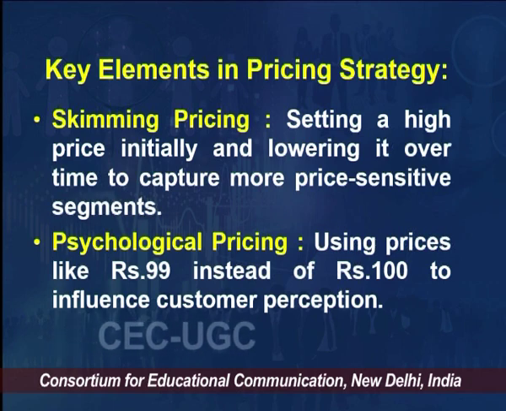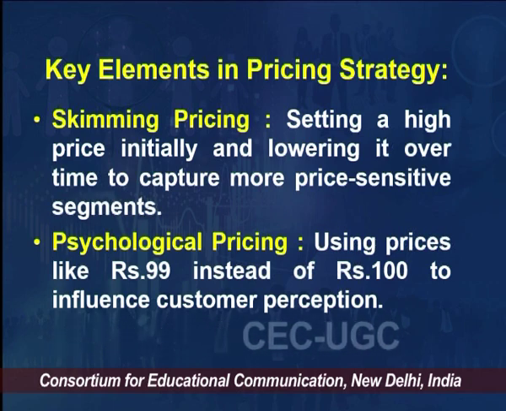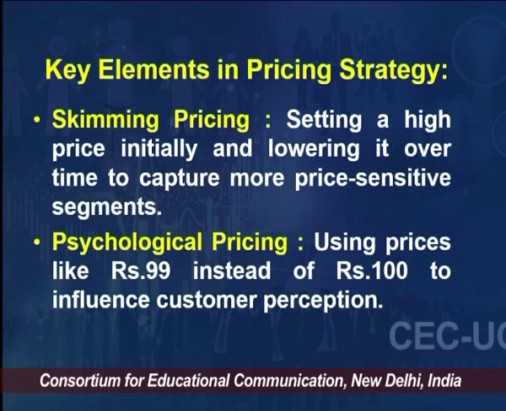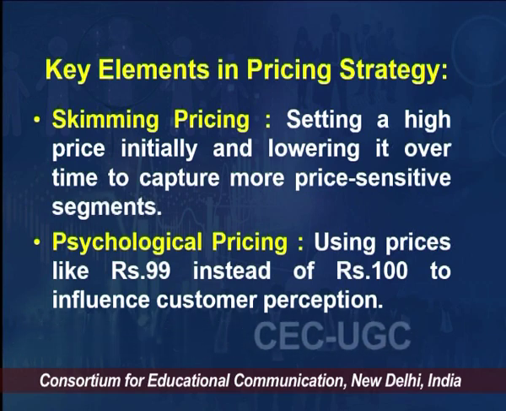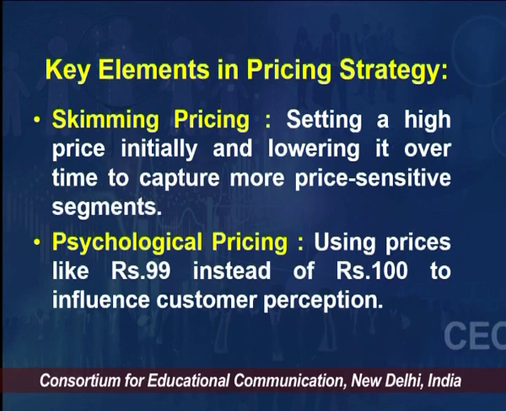where you are using prices in such a way that customers find it comparatively cheaper than what they are shelling out. It is just like, simply saying in the Indian scenario, that we are charging 99 rupees for a product instead of saying 100 rupees. Although 1 rupee doesn't make any difference, these kinds of pricing strategies actually work as a tactic for occupying the psychological attraction of a customer.